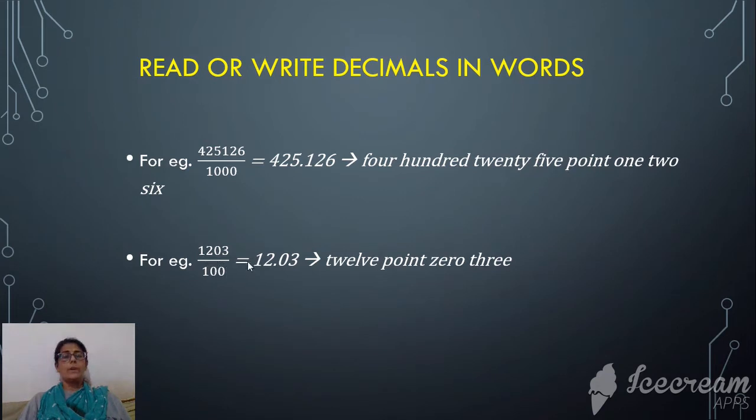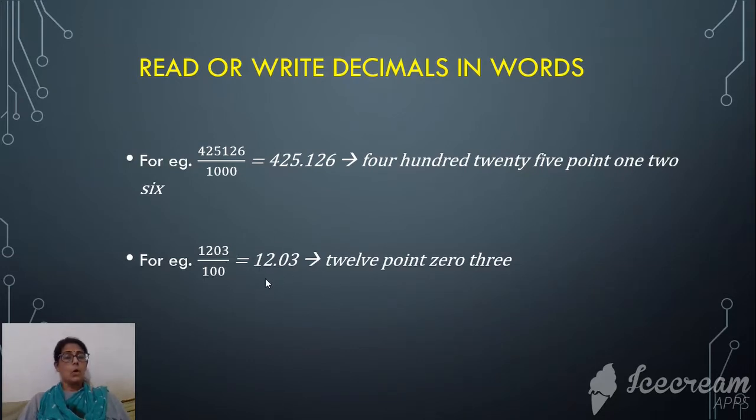So first we will write the number as it is, then we will place the decimal after leaving 2 digits from the right side. So what is our number? That is 12.03.